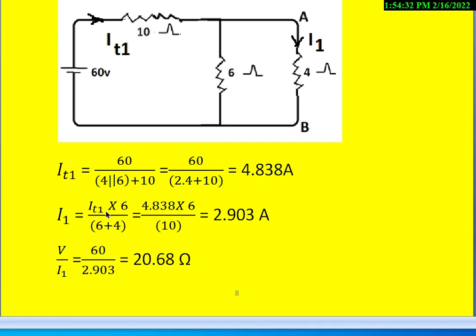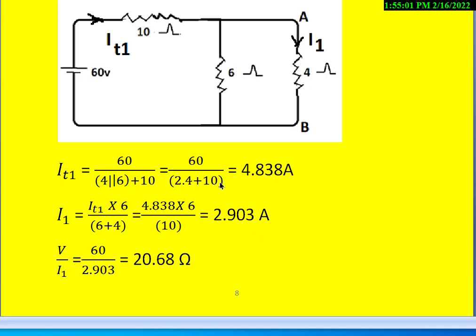That is I1 is equal to IT1, that is supply current, into opposite arm to 4 ohm resistor, 6 divided by sum of the parallel resistors, that is 6 plus 4. So once we substitute the IT1 here, that is 4.838 into 6 divided by 10, we get 2.903 amperes.